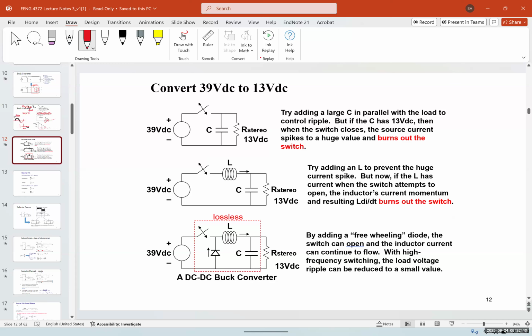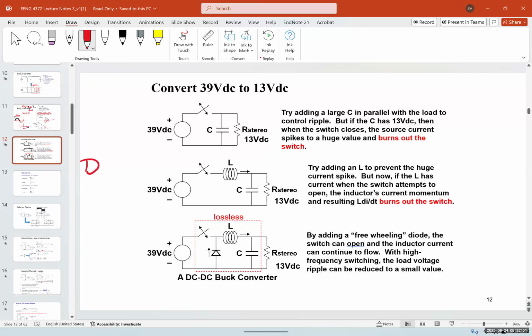Now, let's study an example. This is a converter, a 39 volt DC to a 13 volt DC. First of all, I want you to find the duty ratio for this. What is the duty ratio? V out would be equal to D times Vin.